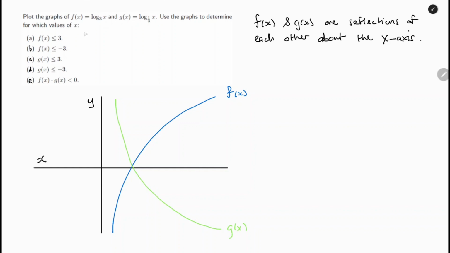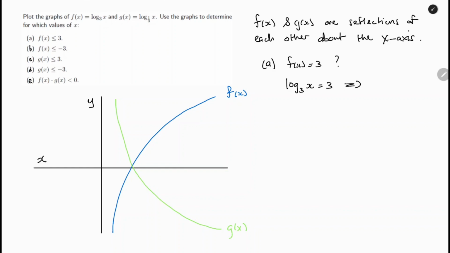Okay, so A says we want the values of x for which f of x is less than or equal to 3. The best thing to do first is to find where f of x equals 3. So what's the x value where that is the case? We have f of x, which is log base 3 of x, equals 3.